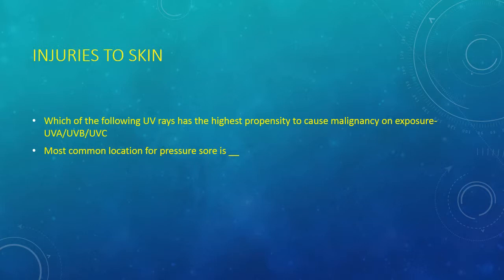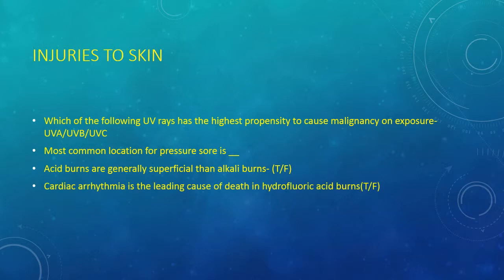For the next three statements, you have to say whether it is true or false. Acid burns are generally superficial compared to alkali burns. True or false? Cardiac arrhythmia is the leading cause of death in hydrofluoric acid burns. True or false? Slow rewarming is preferred over rapid rewarming in frostbite. True or false?